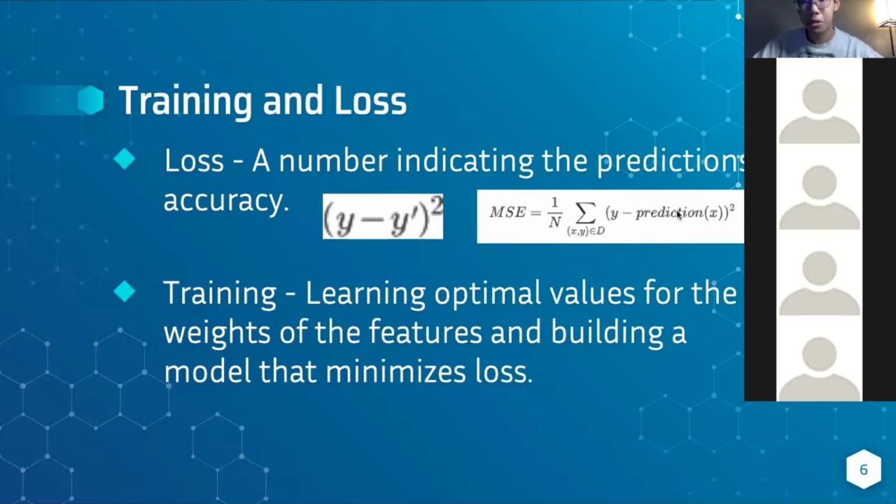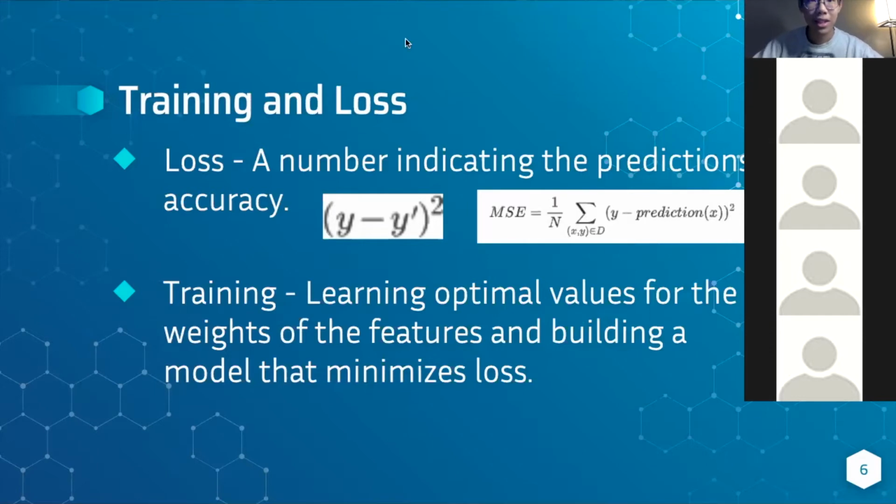We're doing y minus the prediction, subtracting the predicted value from the actual value to get the difference and see how much loss we have. We square it since it might become negative. Then we accumulate all of those losses and divide by the number of inputs, so that we get the average loss of our data set.